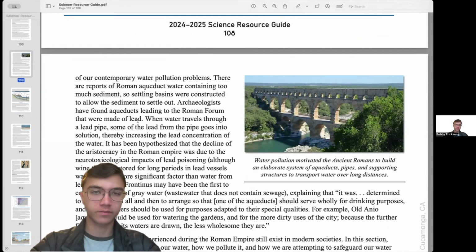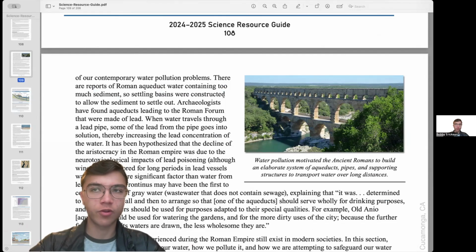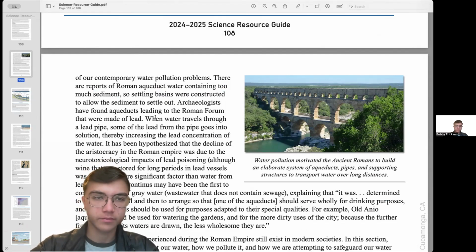We see that the Roman aqueduct water actually contained too much sediment, which showed that with the basins they created, a lot of the constructions or digging into the earth let sediment get into that water when they were trying to send it to different areas.